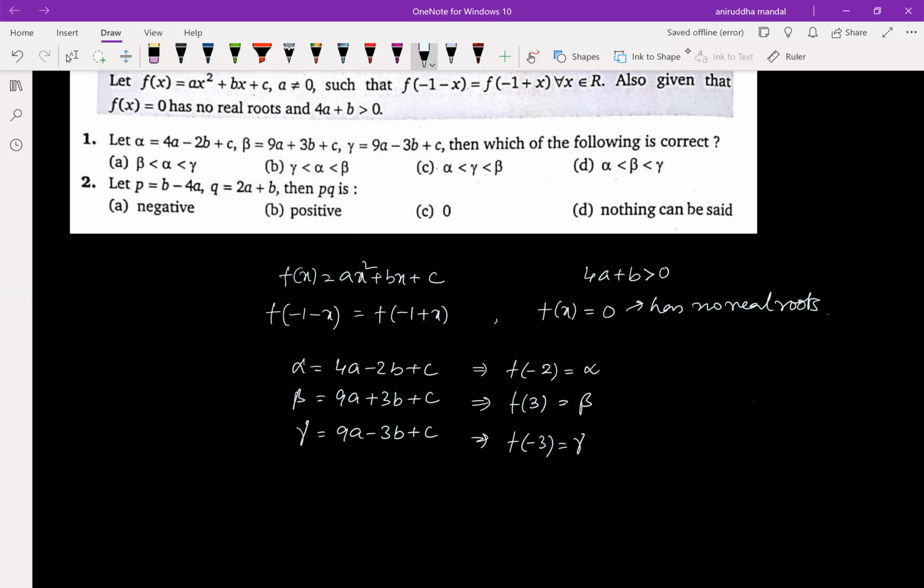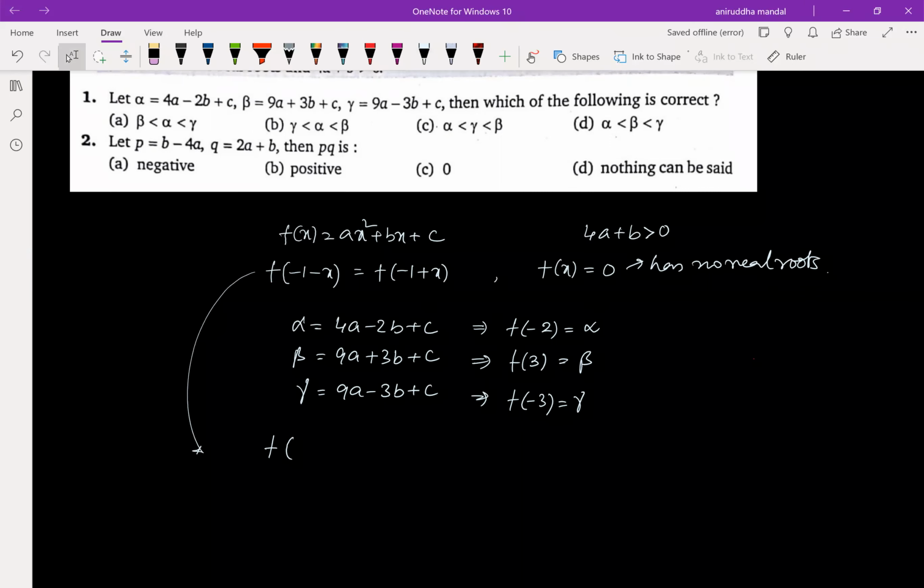So what we can do is, from this information f of minus 1 minus x, let's say we have assumed minus 1 minus x as y, so x equals minus 1 minus y, and we add minus 1 on both sides, so we have x minus 1 as minus 2 minus y, so this is f of minus 2 plus y.